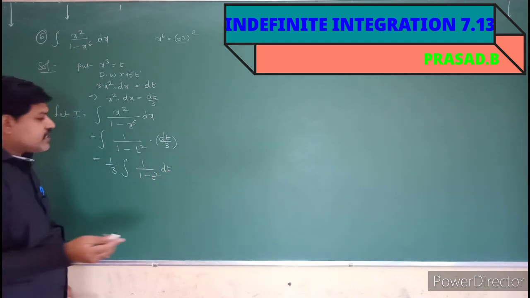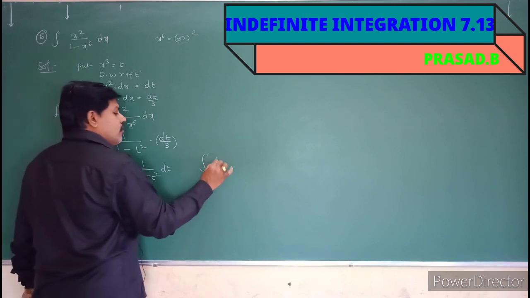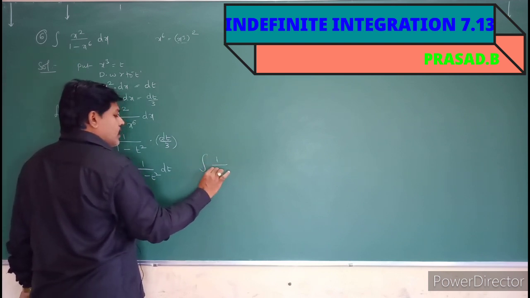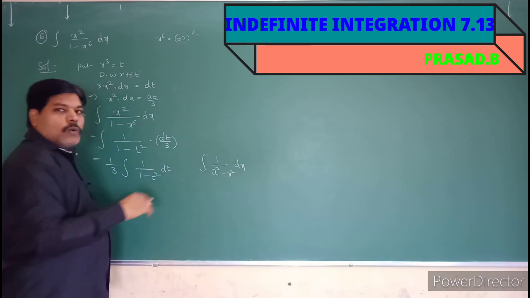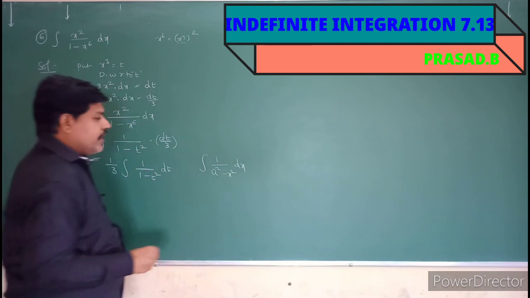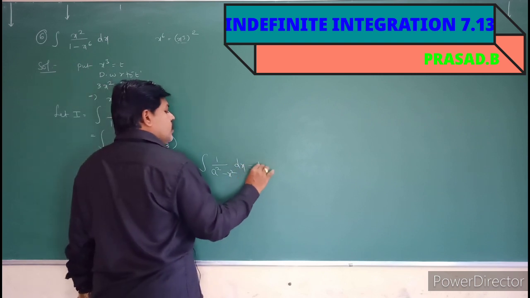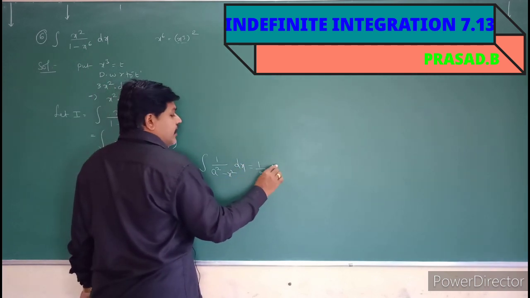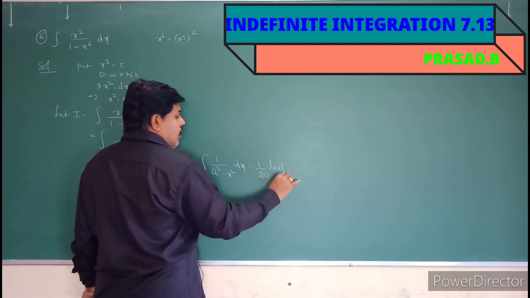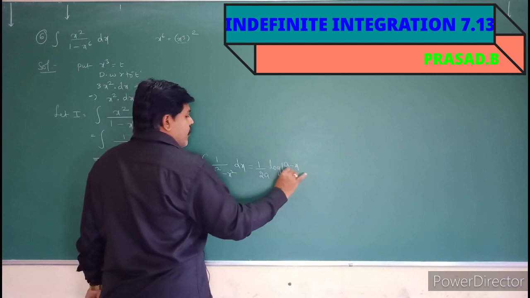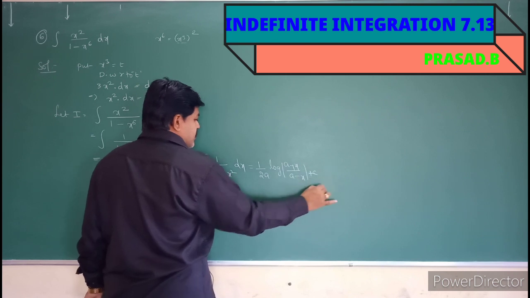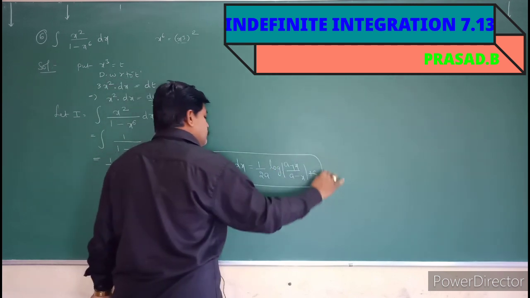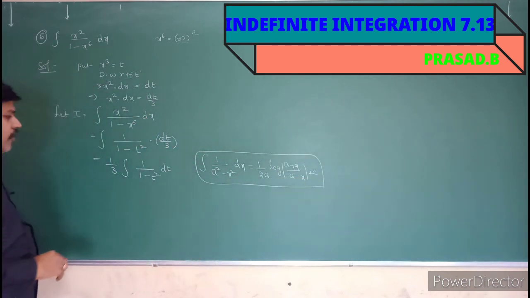What is this one? It is in the form of integral of 1 by a square minus x square into dx. What is the formula? That is equal to 1 by 2a into log mod of a plus x by a minus x plus c. So apply the formula here.